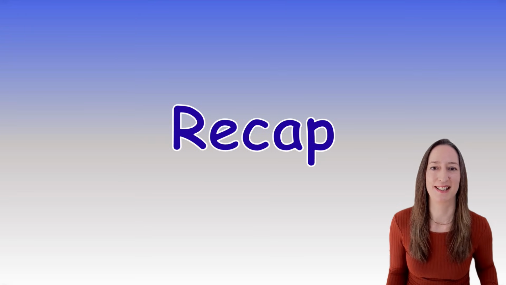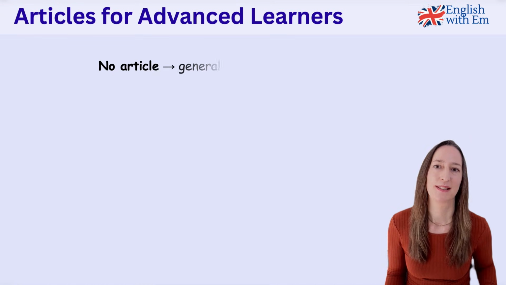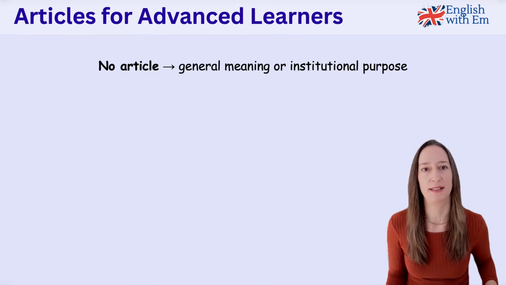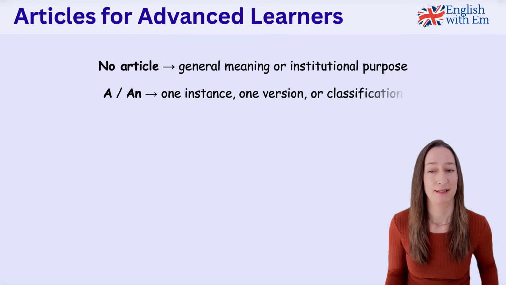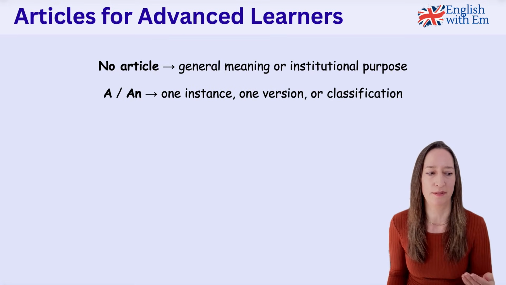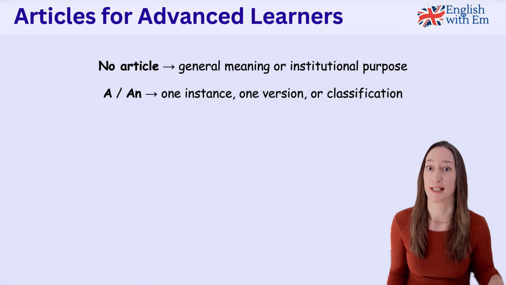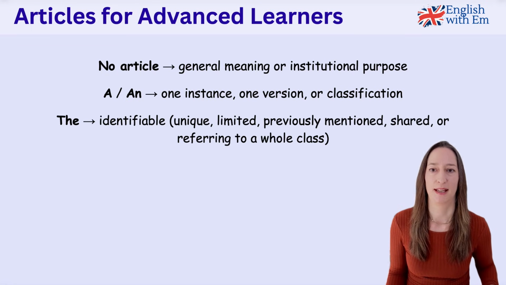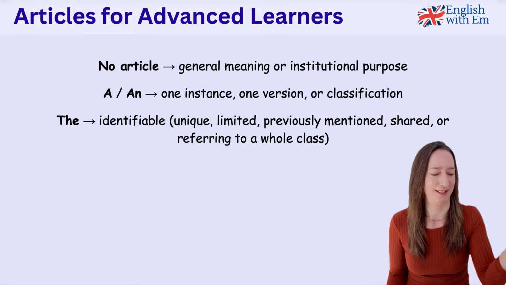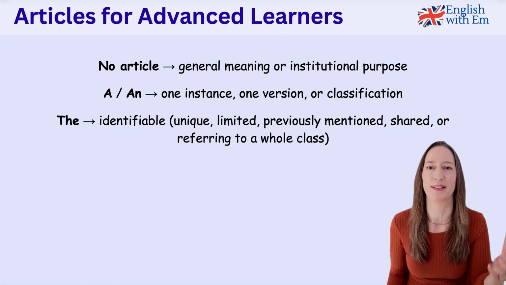Okay, so let's just quickly recap. No article, general meaning or institutional purpose. A or an, one instance, one version, or classification. And the, identifiable. This is the biggest thing to remember.